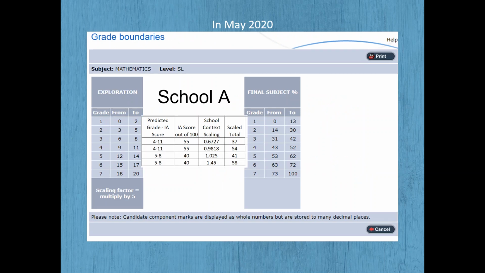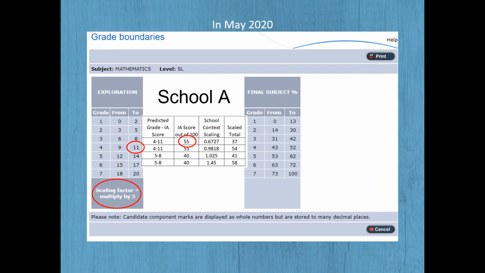Okay, now, one of the things that happens is that the school scaling factor is different from school to school. Let's take the example from Math SL, and we're going to look at School A. At School A, a student received an 11 on the internal assessment. That's multiplied by 5, since the internal assessment is out of 20.